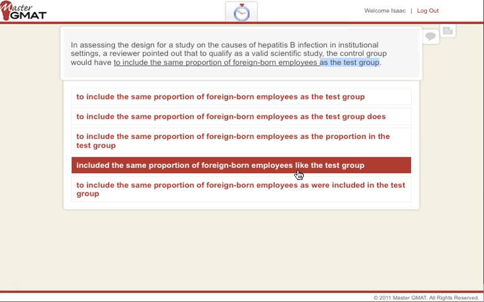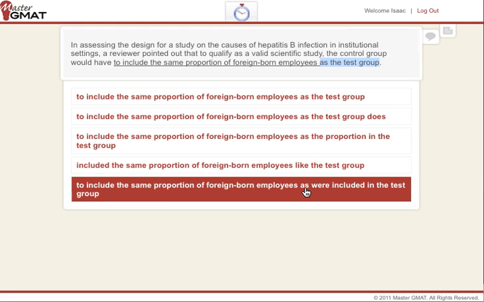Instead, the control group and the test group should be compared in terms of the proportion of foreign-born employees which each group has. So whenever you see a like or unlike or word like as or than, you need to pay attention that not only is the comparison grammatically correct, but also that the comparison is logically correct. It has to make sense. So we get rid of D.